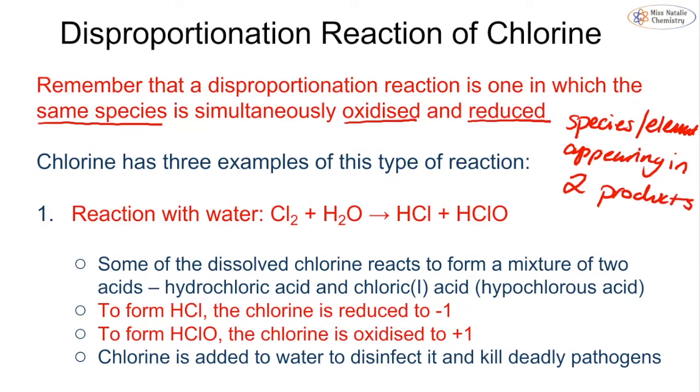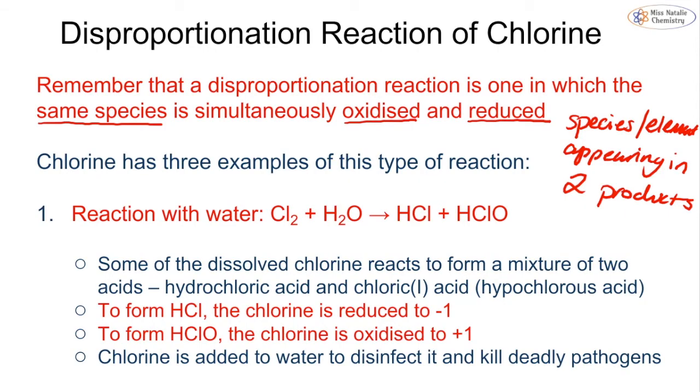For example, we can see in this reaction of chlorine with water, the chlorine appears in both of my products. And there are three key examples that you have to know for chlorine, and you should be able to write the full equation, give some information about the conditions, so does it need to be heated, what are the reagents, and also be able to show which one is being oxidized and which one is being reduced.